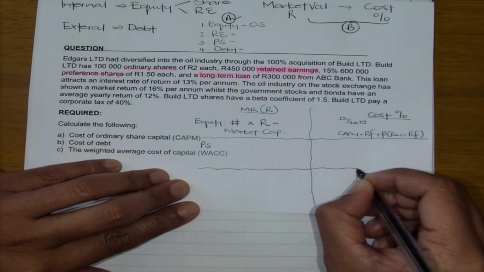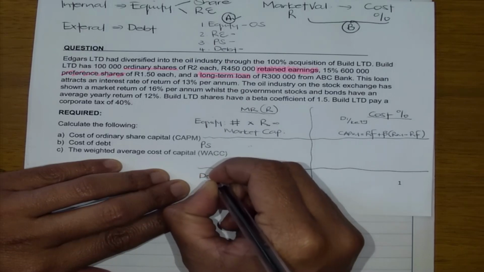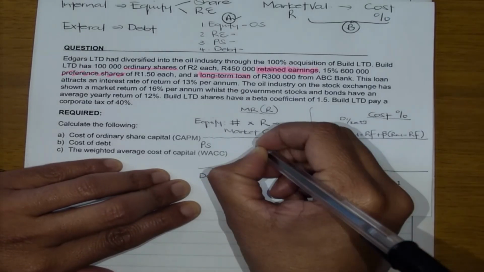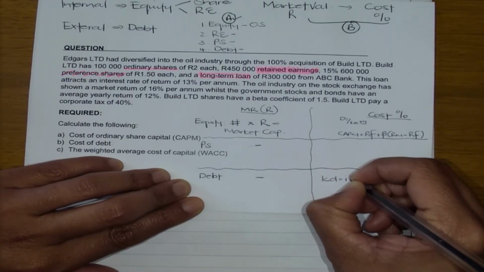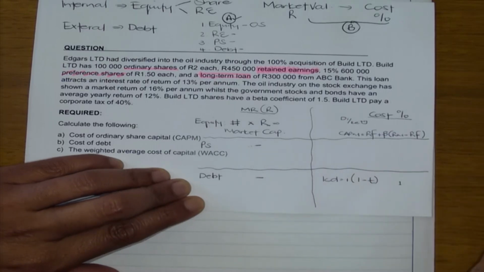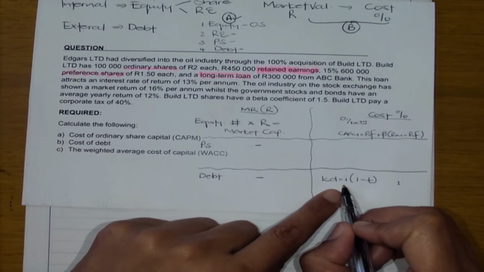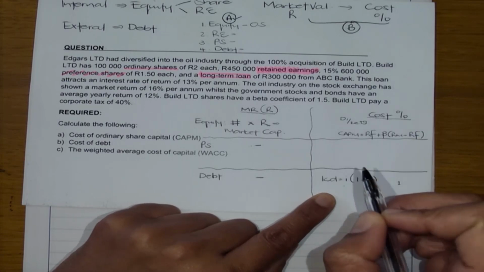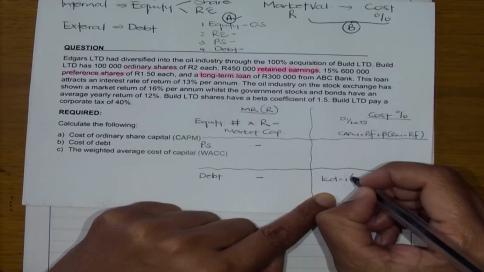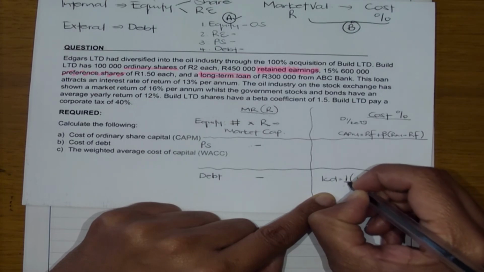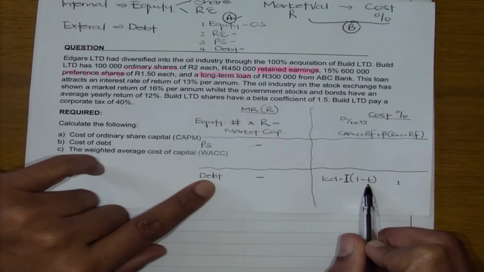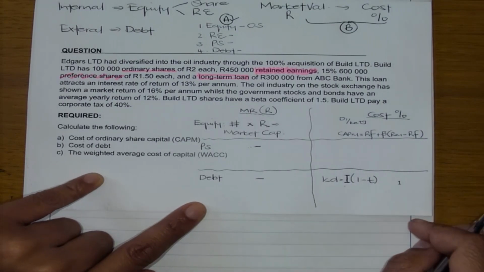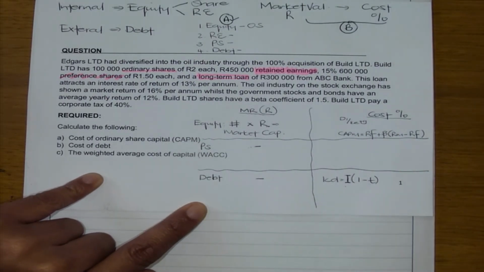And then we have our debt. We don't normally require the calculation of our market rate, but our cost is always KD is equal to I times (1 minus T). Now, what this actually means is that the interest that you normally pay, the interest that you are charged at the bank, right? This interest is before tax, or tax included, so you need to take out the tax. Why? Because there is a tax benefit. Okay, so these are the formulas that we are going to use.